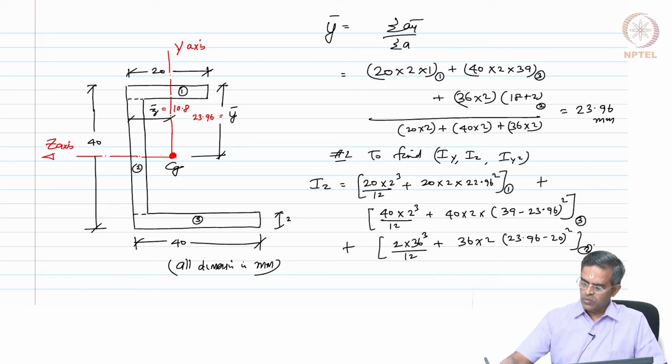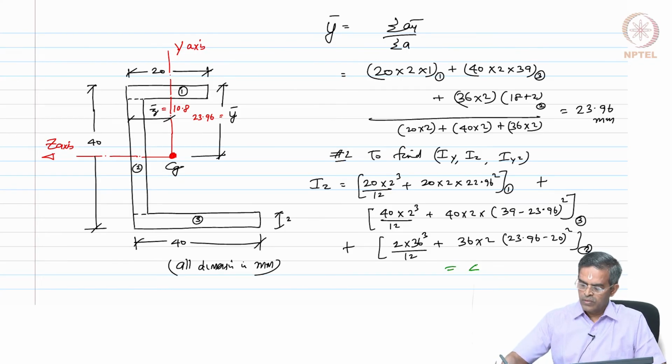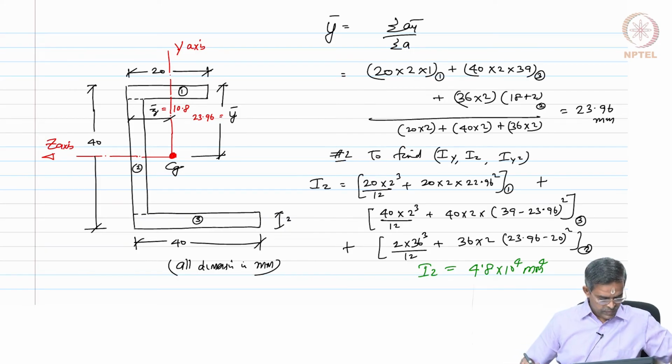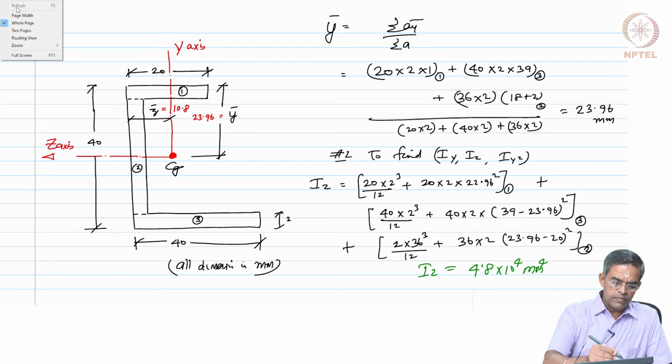This is for piece number 2. If I do this, I will get this value as 4.8 into 10 power 4, which is Iz. Okay, let us copy this figure.